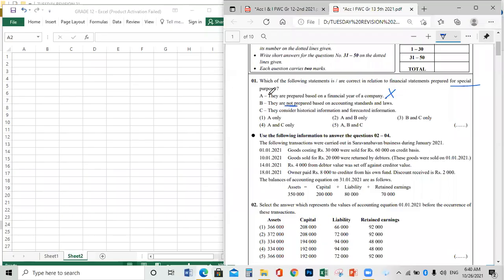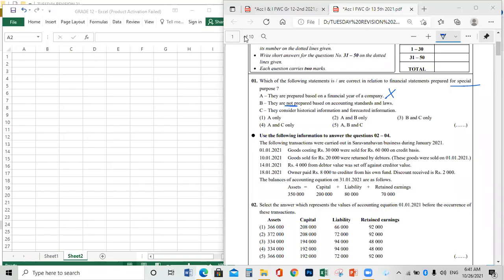It's true, guys. Special purpose financial statements, you are preparing just for the need of someone, because someone requested it. You're not giving it to the public. Usually this is management accounting, guys. Usually management accounting information is special purpose. So you don't have to follow rules and laws in order to prepare special purpose financial statements.